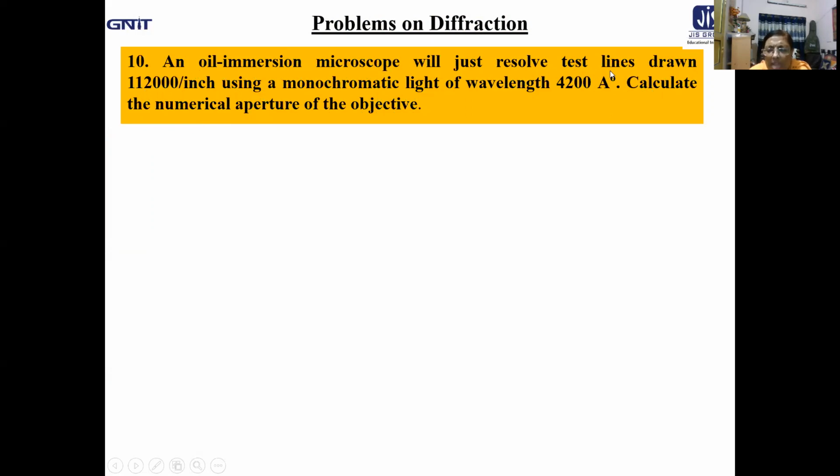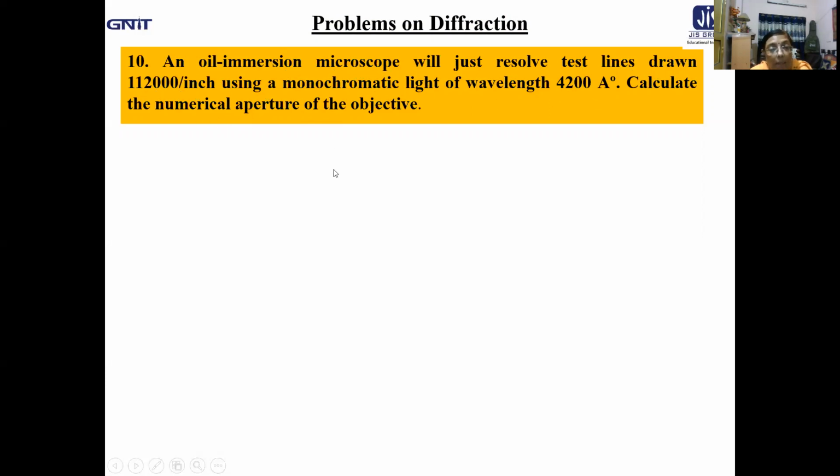That means on some sheet, some lines are drawn and you want to test it with the help of a microscope using a monochromatic light of wavelength 4200 angstrom. Now, what about the resolution? Resolve the test lines drawn 1,12,000 per inch. So many lines are there. Now, your oil immersion microscope can resolve it or not. That you have to see.